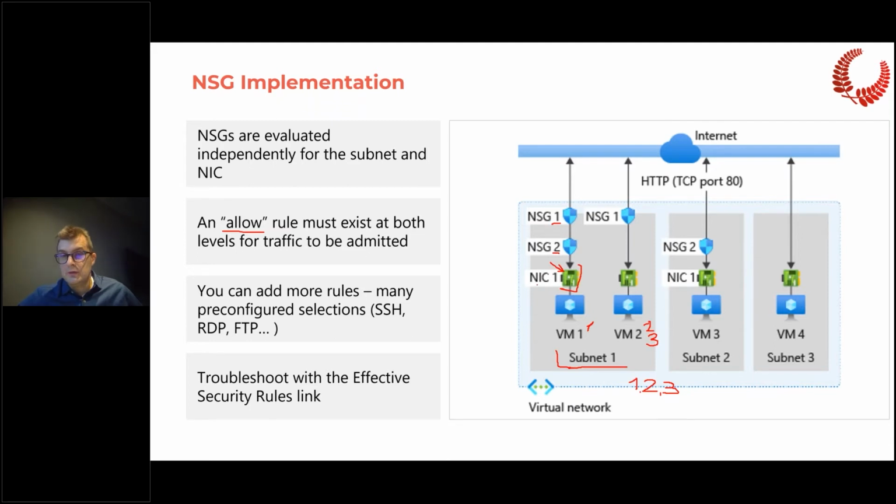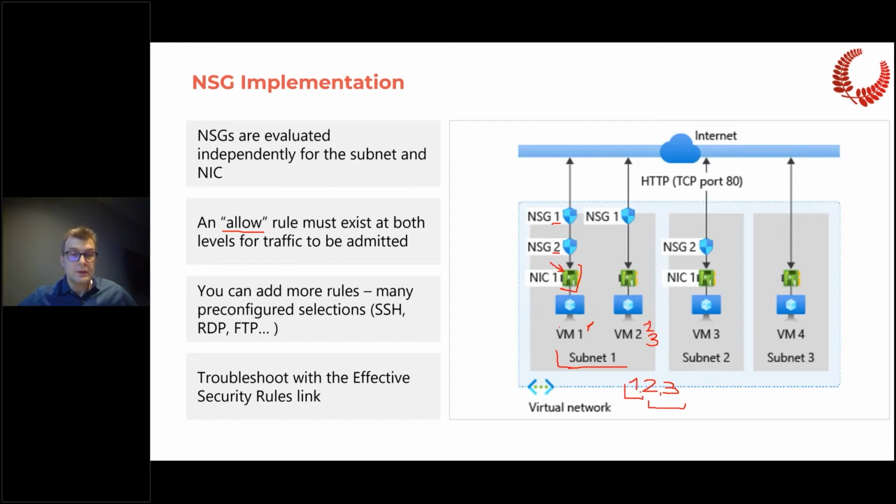Then selectively on the network interface card level, we can say virtual machine 1 will be allowed only this traffic, and virtual machine 2 will be allowed only this traffic. This way we achieve two things. We forbid any traffic other than ports 1 to 3 in the subnet.